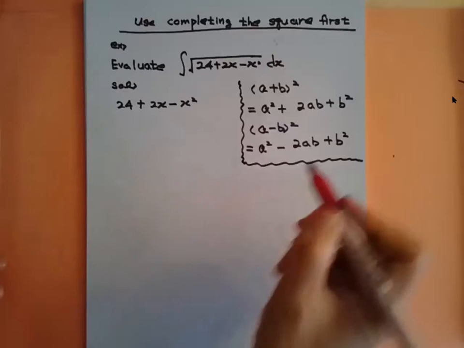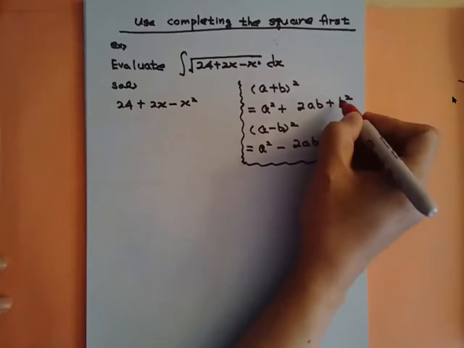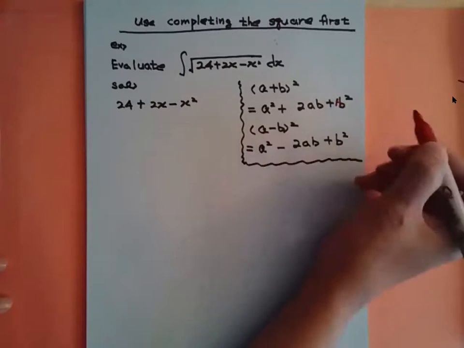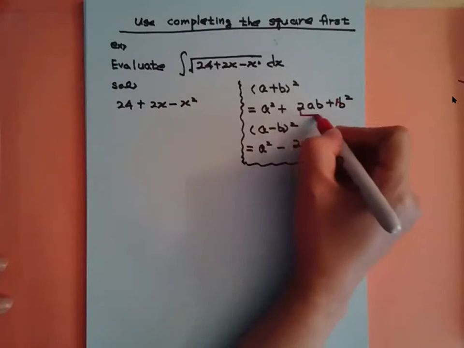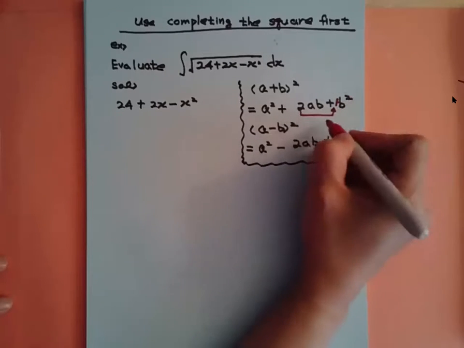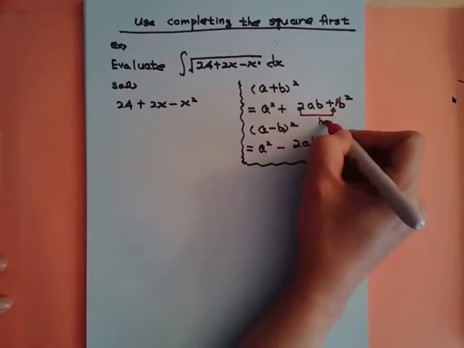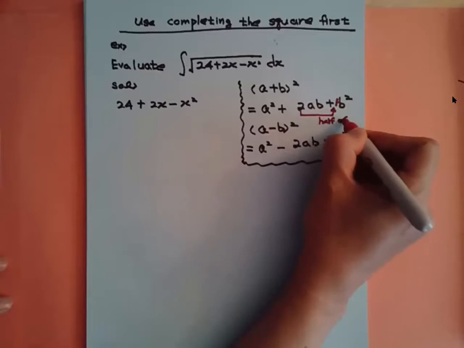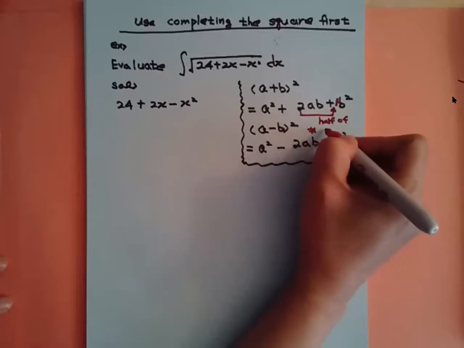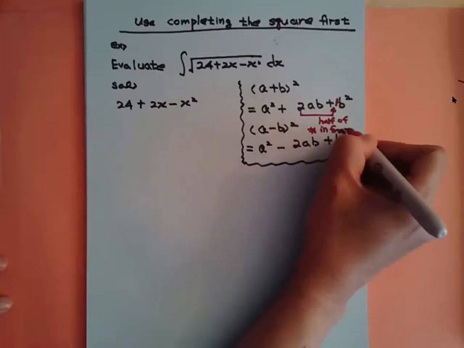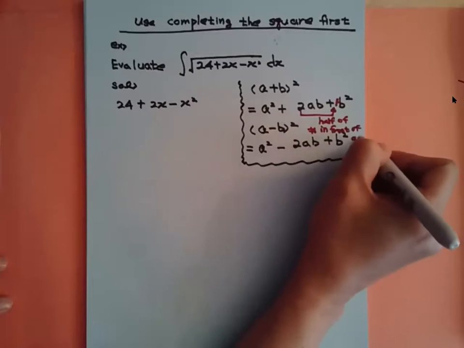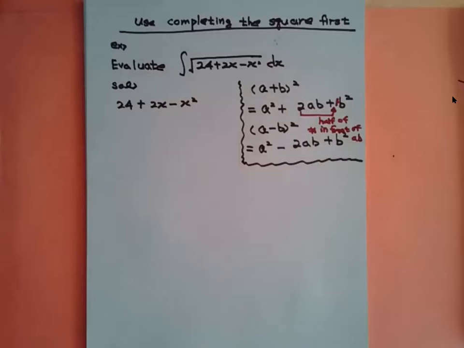So what's happening here is the number in front of b squared is half of the number in front of ab.